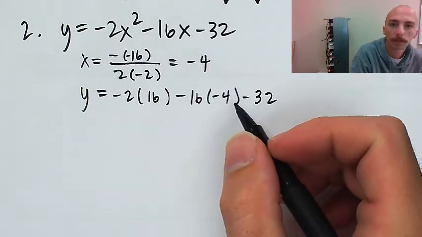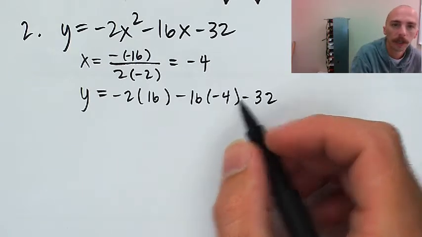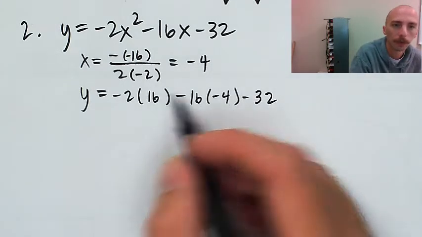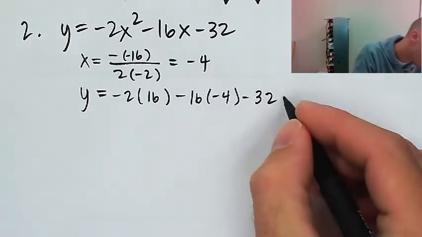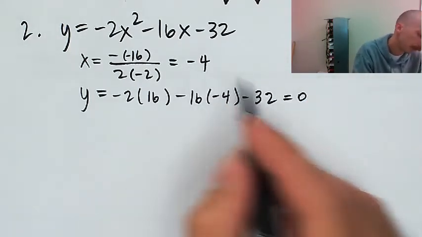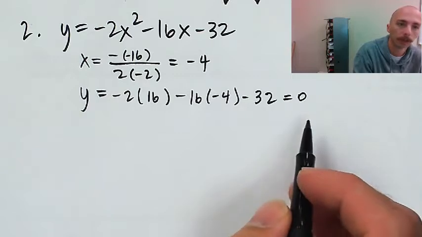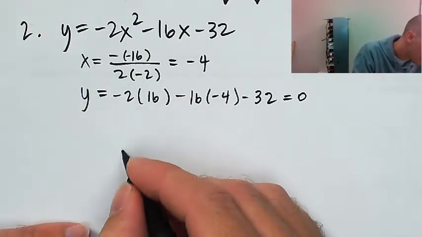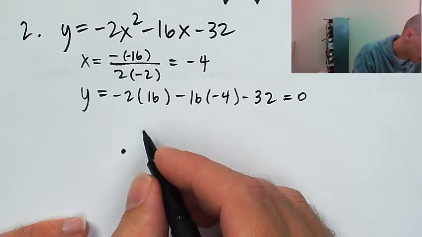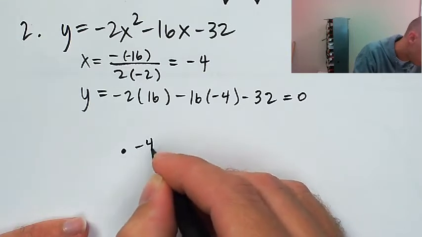That's going to be negative 32 minus 32, which is negative 64. Plus 64 is going to be 0. So negative 4 and 0 are the coordinates of my vertex. And maybe this time I'll label that since it's not at the origin. So that's the point, negative 4, 0.